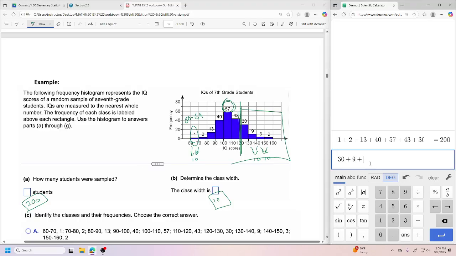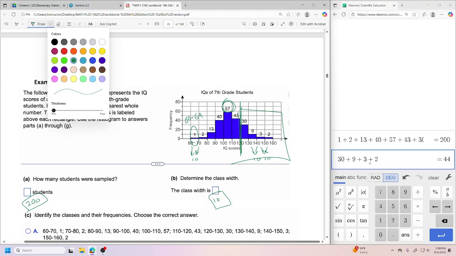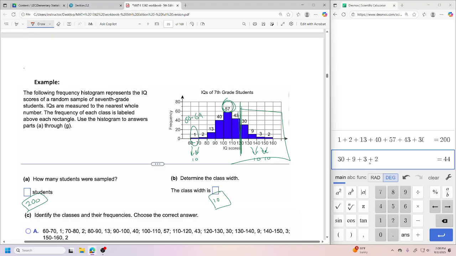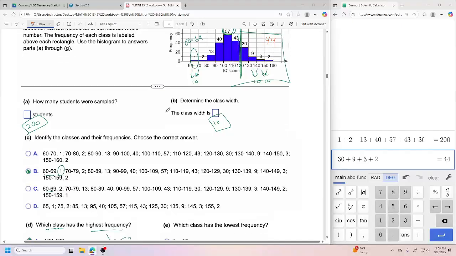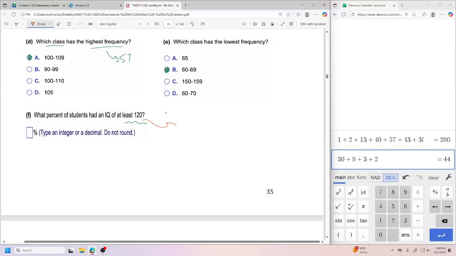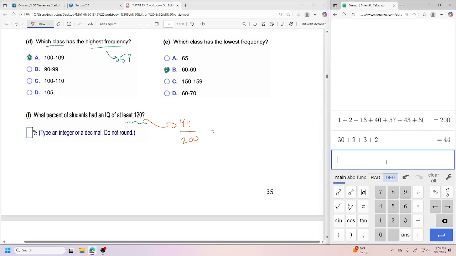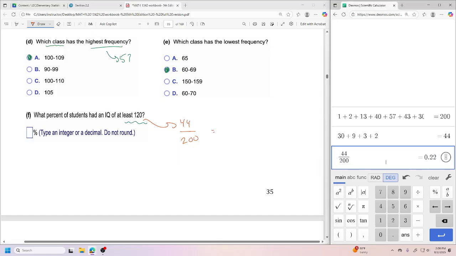So how many people fell into that group? 30 plus 9 plus 3 plus 2. So I got 44. And what was my total again? There it is. So I said 44 of them had at least that much, and then my 200 total, divide it like you said earlier, and we got 22%.